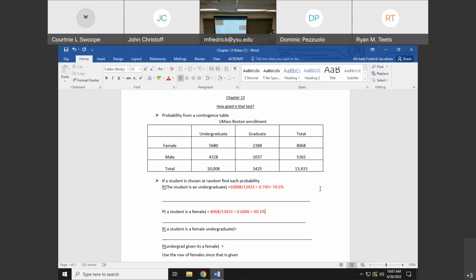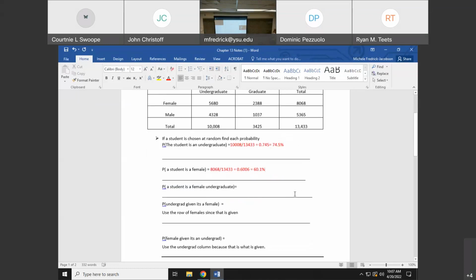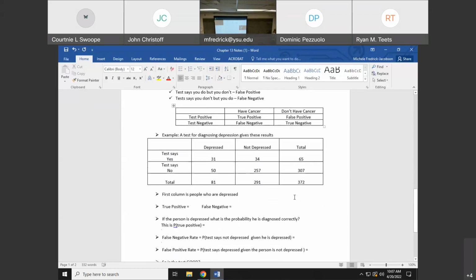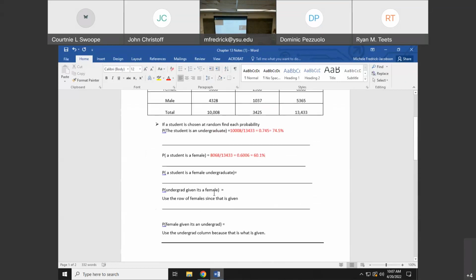That's 60.1%. But the fraction is fine on these. When we get into the tests, the next one, it'll have true positives, true negatives. Those are all written in percent, but the other ones don't really matter.